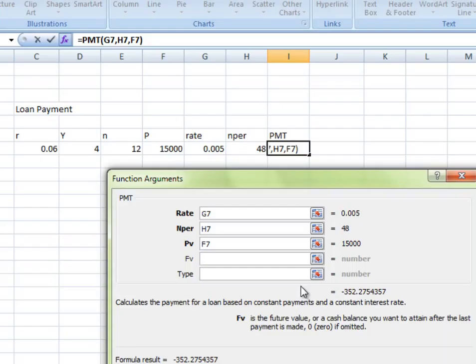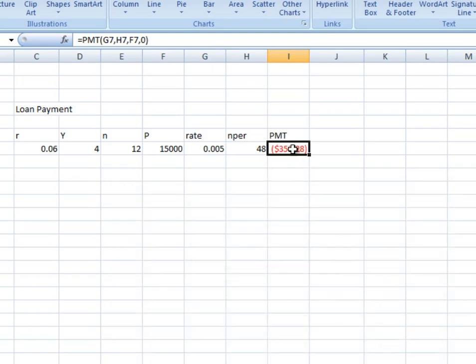Now in this case, we want the loan to be paid off. That means it goes down to 0. So we hit OK. Now notice this is in red, or it was a negative number. That means we have to make a $352.28 payment every time in order to make that come out correctly. And that's how you pay off your loans.